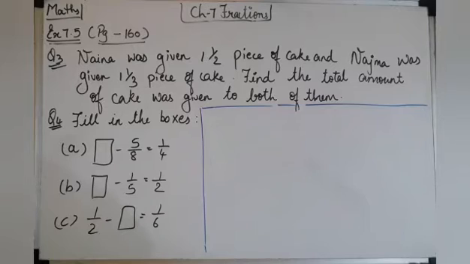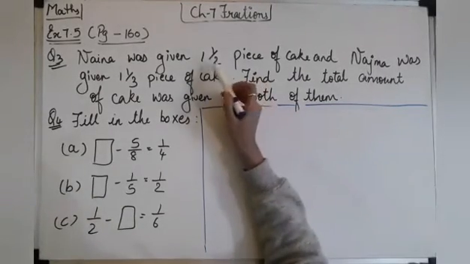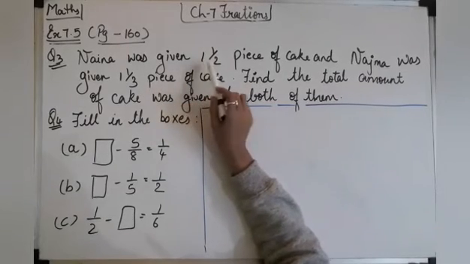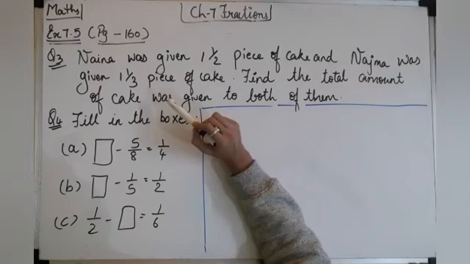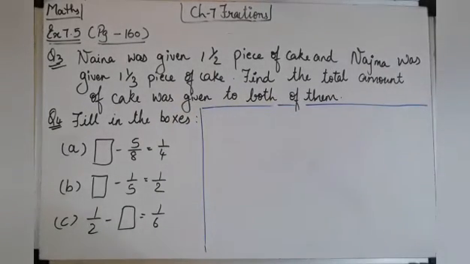You all also like cake, na? So, as you can see, different kinds of fractions, mixed fractions, are given to both of the friends. So, find the total amount of cake given to both.